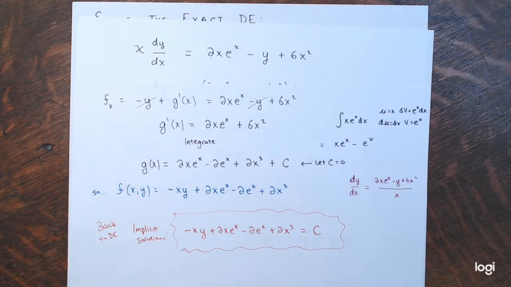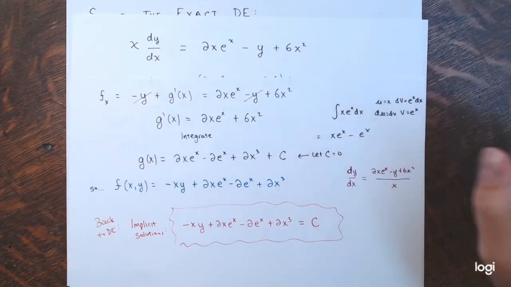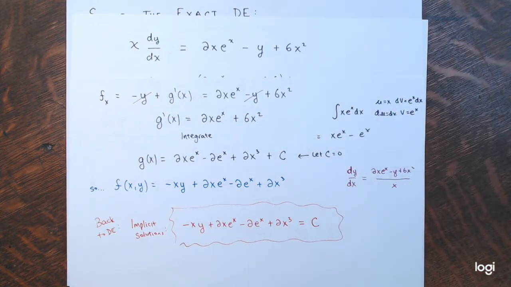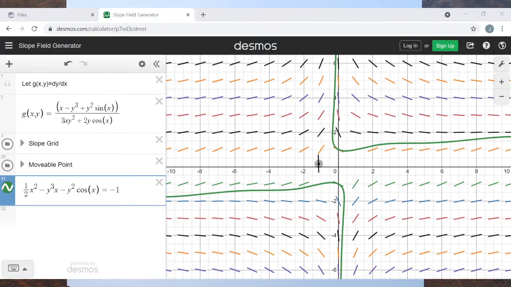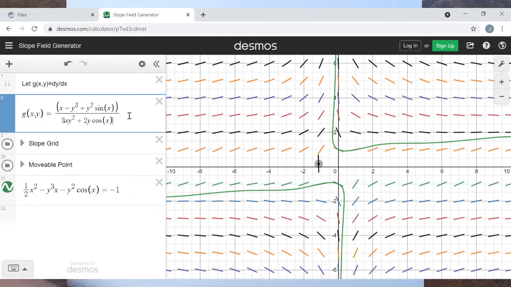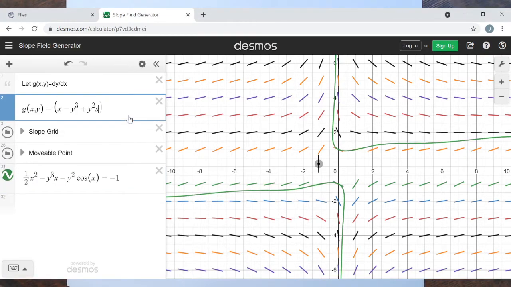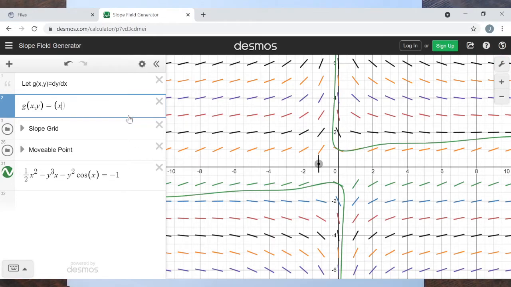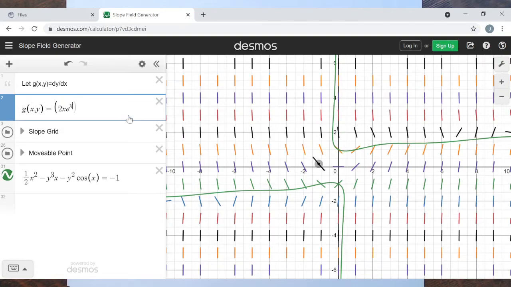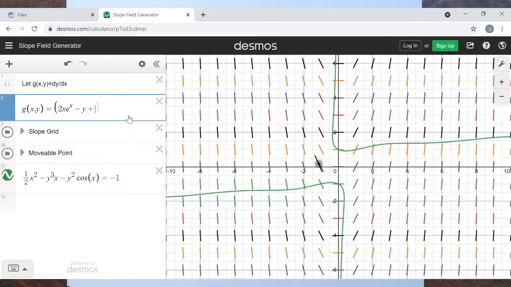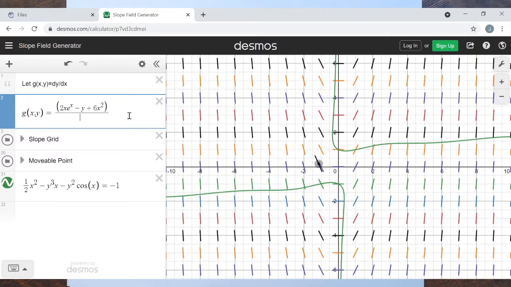And I'll put that into my slope field generator. And then I'll just replace this constant with something like 0 or 1, and we'll see a solution curve that seems to fit the slope field pretty well. All right, so back here. So yeah, I got 2x e to the x minus y plus 6x squared, all divided by x.